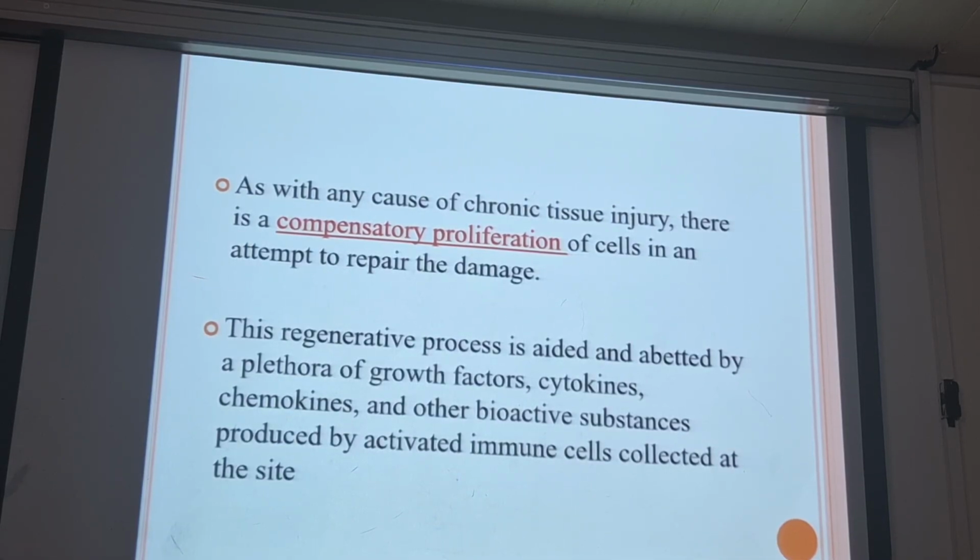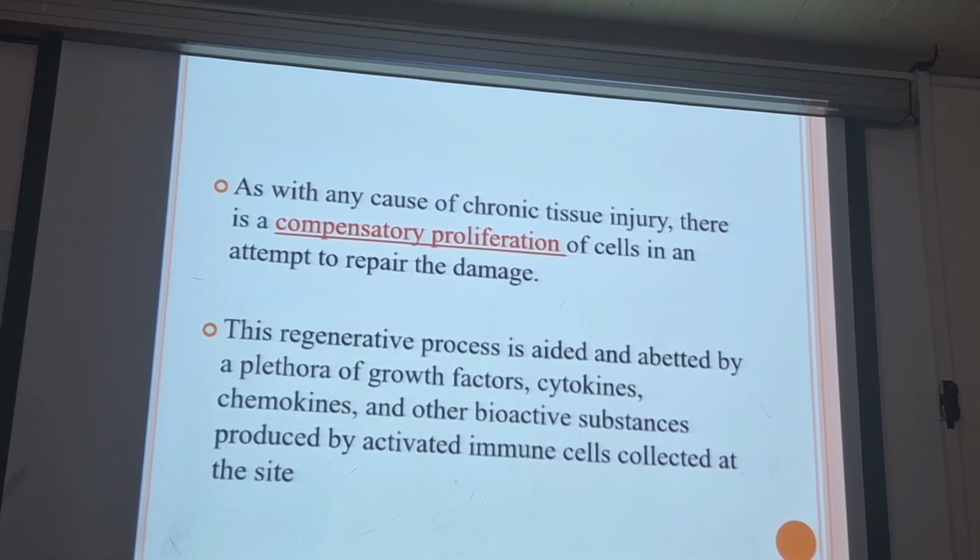As with any cause of chronic tissue injury, there is a compensatory proliferation of cells in an attempt to repair the damage. So for repairing the damage, we have compensatory proliferation of the cells.